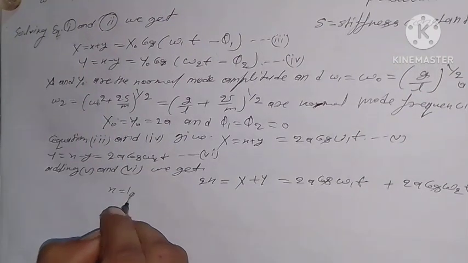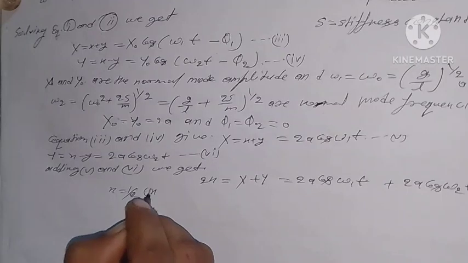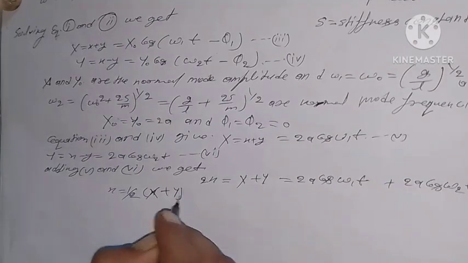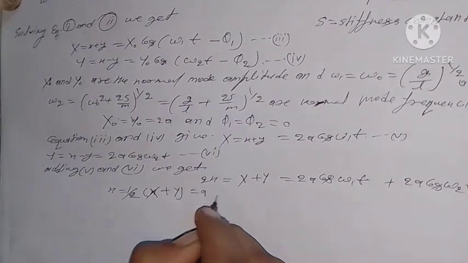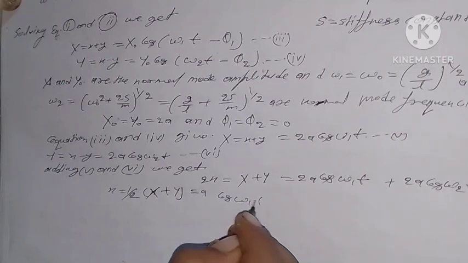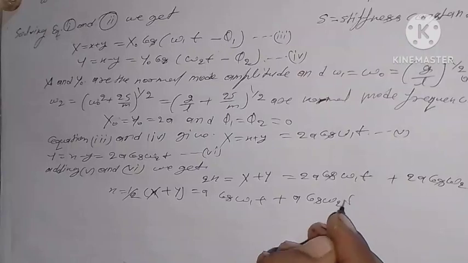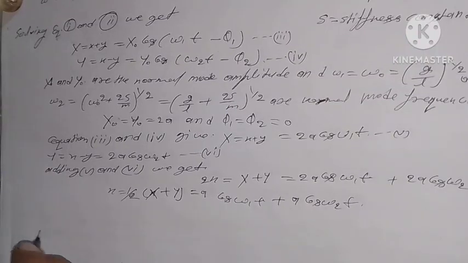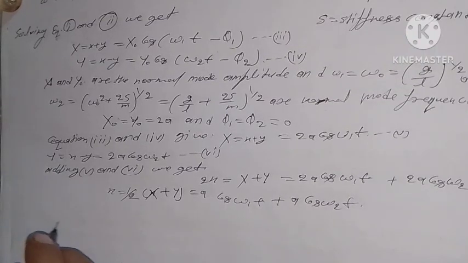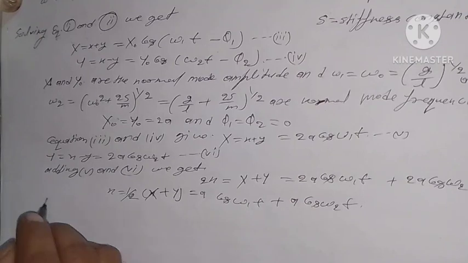Small x equal to half (capital X plus capital Y) equal to a cos omega 1 t plus a cos omega 2 t.